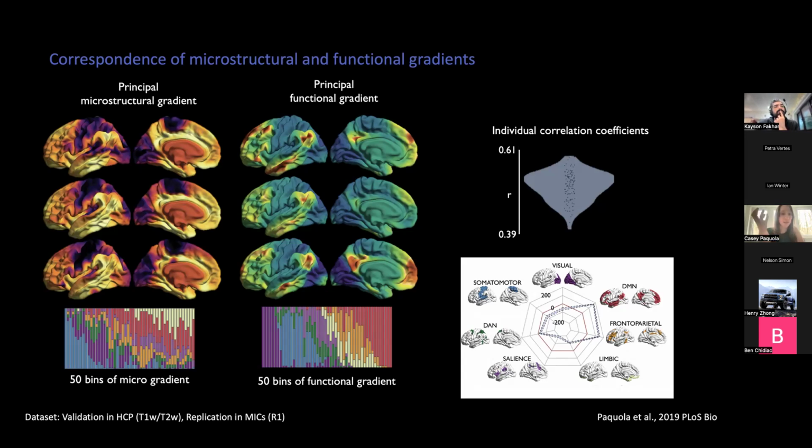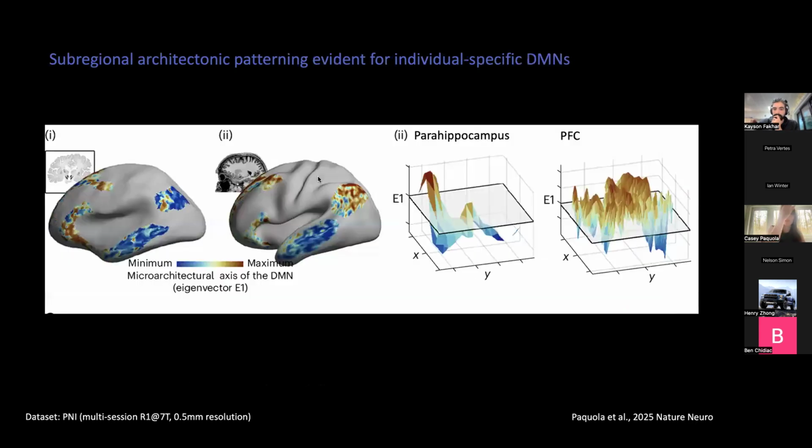So I think that's something we followed up with this paper on the default mode network, where we once again were able to translate these more fine-grained patterns to in vivo MRI. This was more of a challenge because we needed much higher resolution data to look at distinctions within the association cortex. So we had to use 2 sessions of 7T MRI per person at a 0.5 millimeter resolution.